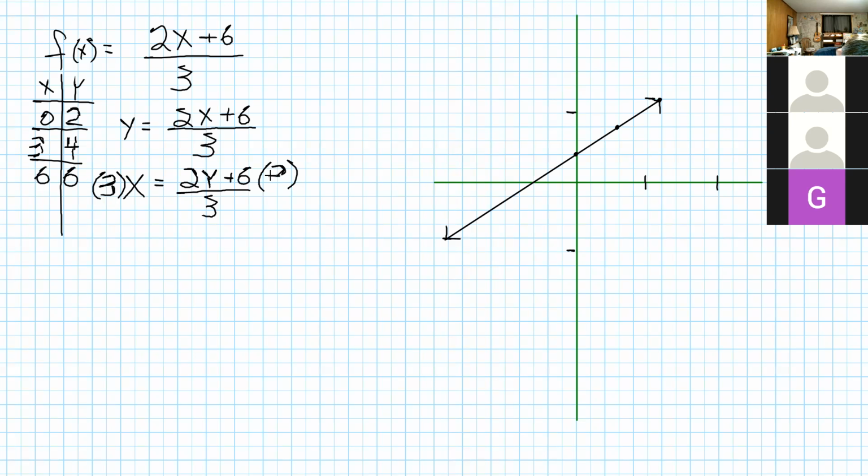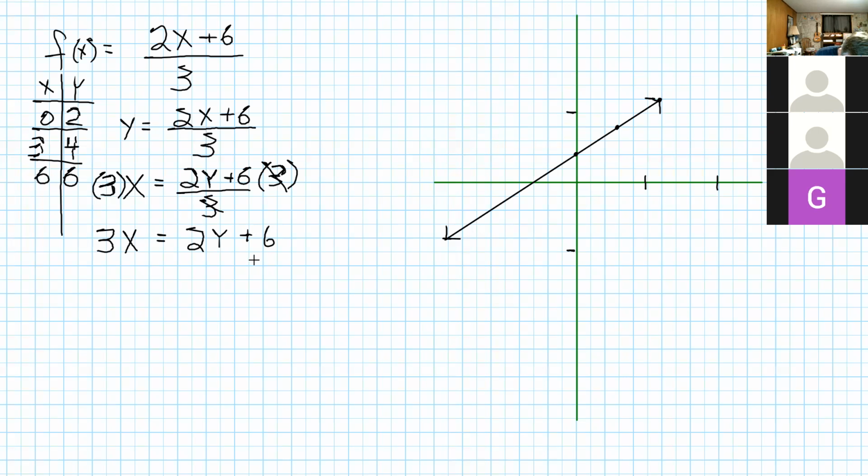Oh, well. All right. So now on the left, I get 3x equals 2y plus 6. I'm going to switch to the other screen as soon as I can.